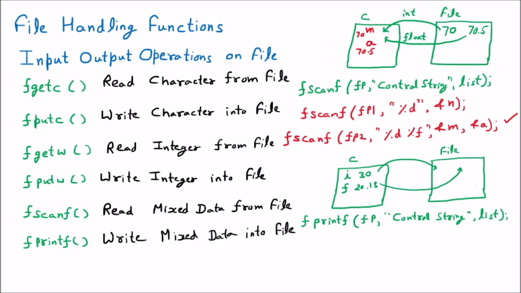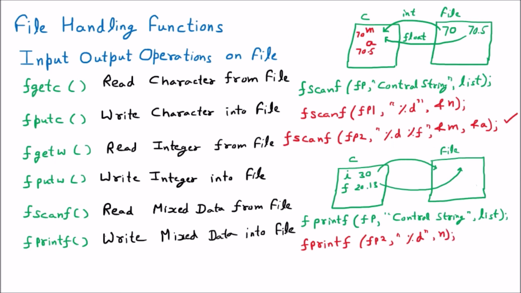I am taking one example to make you understand. Let us suppose I only want to write the integer. So I will say fprintf, the file pointer we are passing, let us suppose fp2, comma, control string or format specifier %d for the integer, comma n. That is the normal statement I have written.